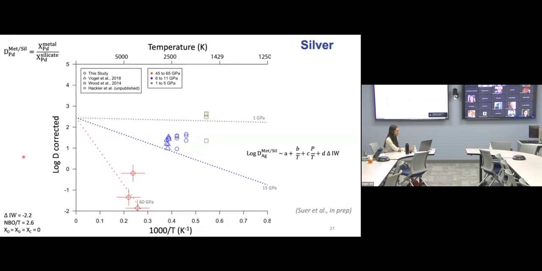Earth's core mantle equilibration. So we took these data and we applied them to models of differentiation to try and understand how differentiation would have affected the mantle composition of these two elements.